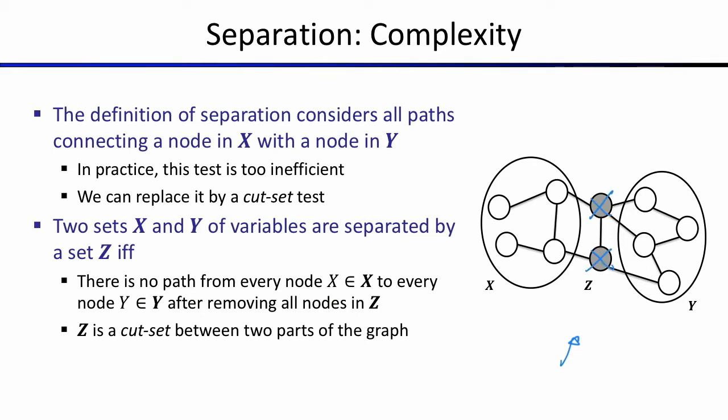So they're going to block the influence. And if Z is a cut set of this graph, it means that you're going to split the graph into two parts in a way that if we start a depth first search from the nodes here in X, we are not able to reach the nodes in Y. It means that X is independent of Y given Z.